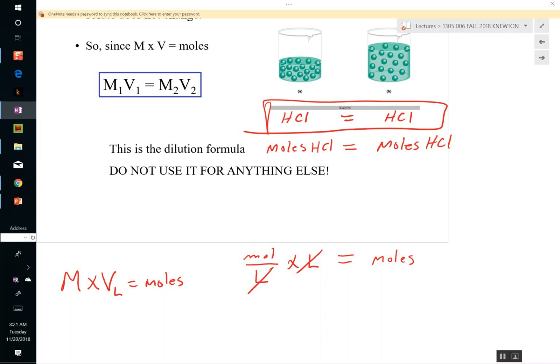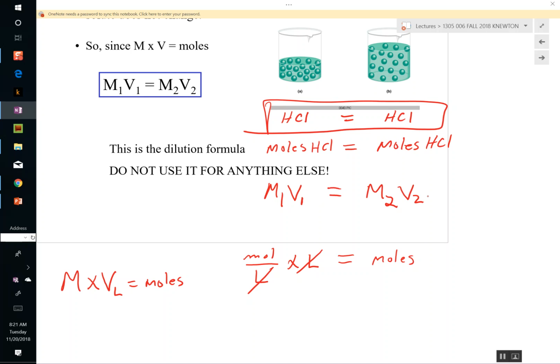So what are the moles of HCl in the first beaker? Well, it's the molarity of the concentrate times the volume of the concentrate equals the molarity of the dilution times the volume of the dilution. That's where that equation is coming from.